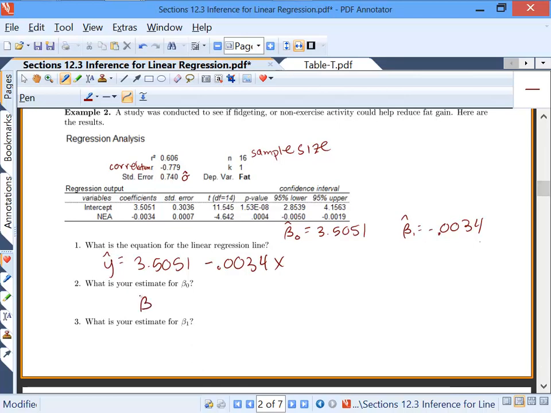We already wrote that, 3.5051. And what is your estimate for beta 1? Negative 0.0034. So what does that mean? That means the more your NEA goes up, the more you fidget, then your fat should go down.